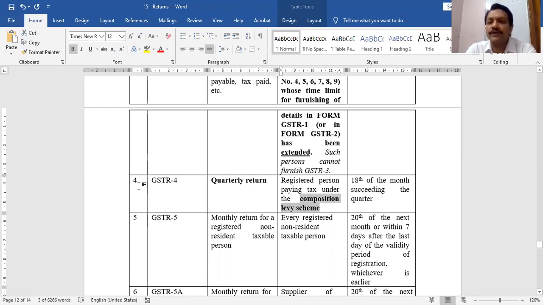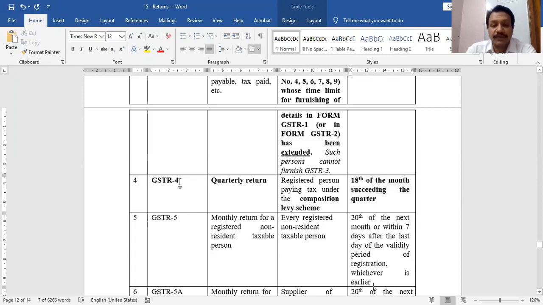They will use GSTR 4, and for them the due date is the 18th of the month succeeding any quarter. For example, for the April to June quarter, 18th July is the due date. For July to September, 18th October is the due date.